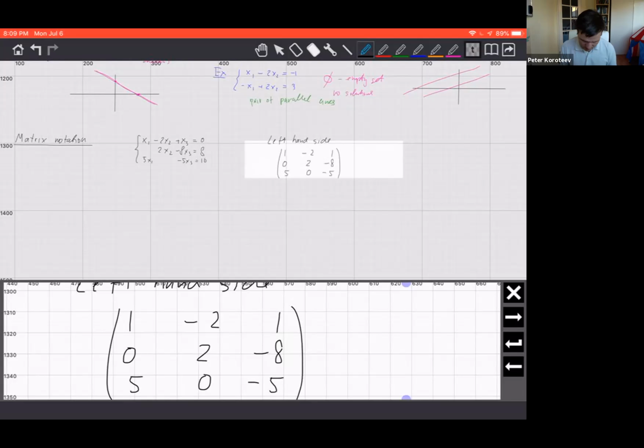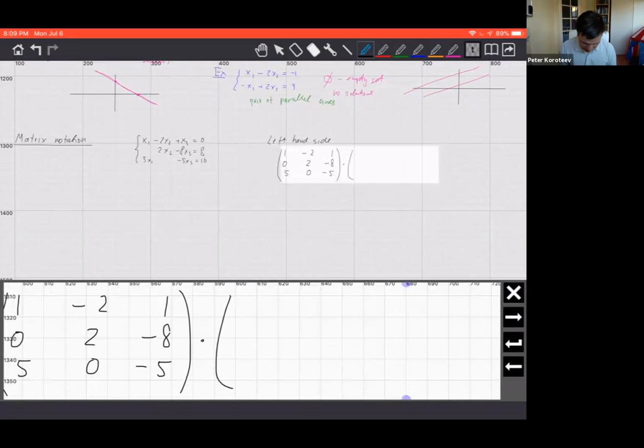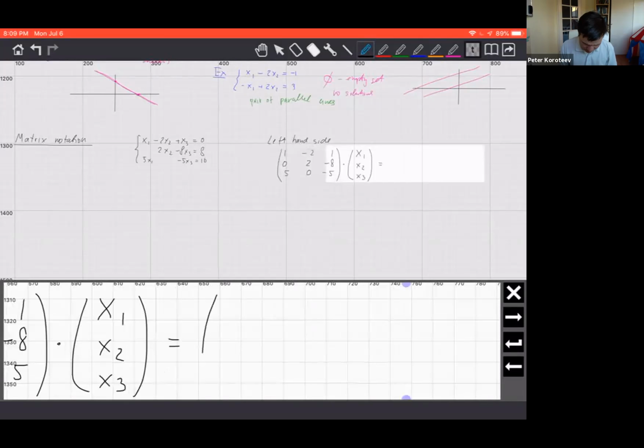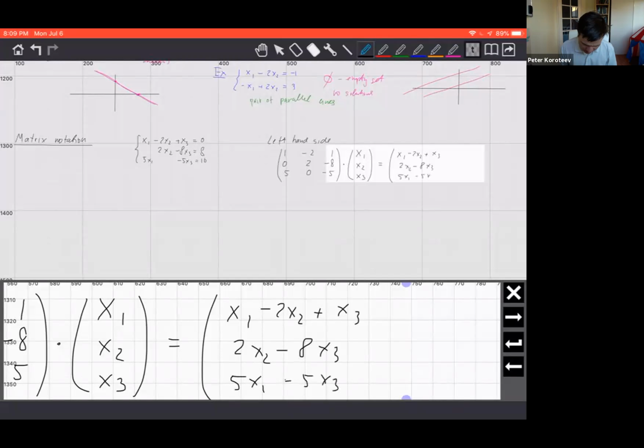And then if we multiply this matrix by the column x1, x2, and x3, using the rules of matrix multiplication, we will get the vector with components x1 minus 2x2 plus x3, 2x2 minus 8x3, and then 5x1 minus 5x3.